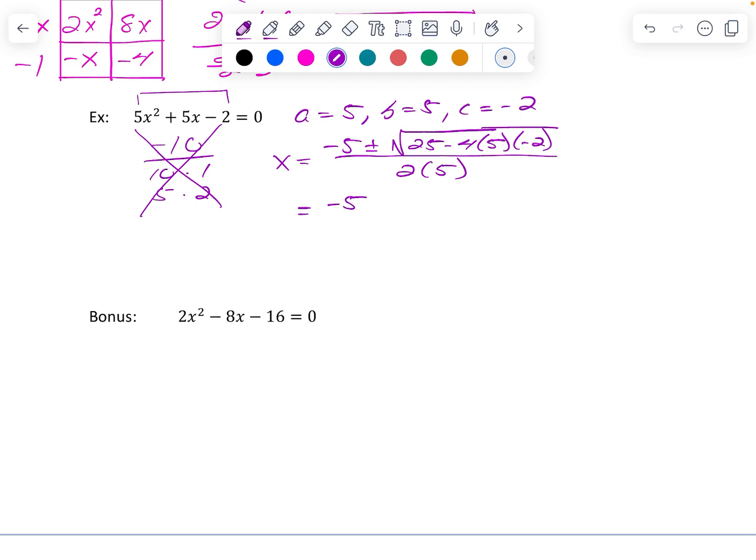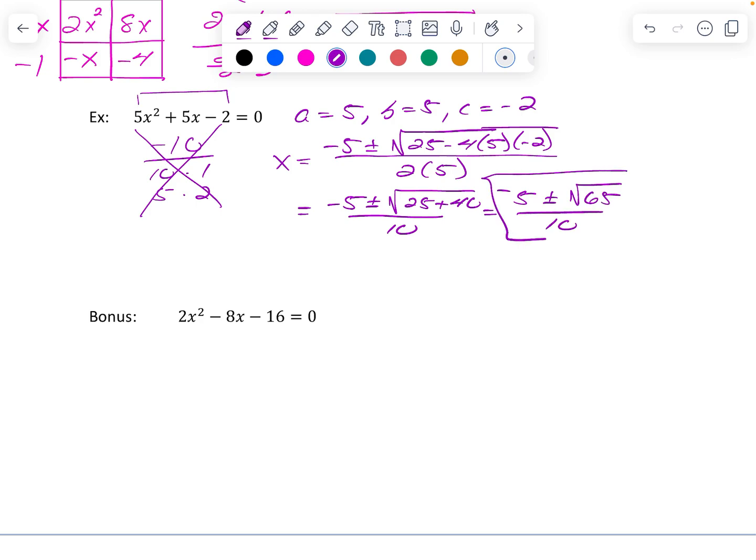So that is -5 plus or minus the square root of 25 plus 40 over 10, which is -5 plus or minus the square root of 65 over 10. Now 65 is 5 times 13, so we can't simplify that square root, and that's our final answer, and you can see why it did not factor.